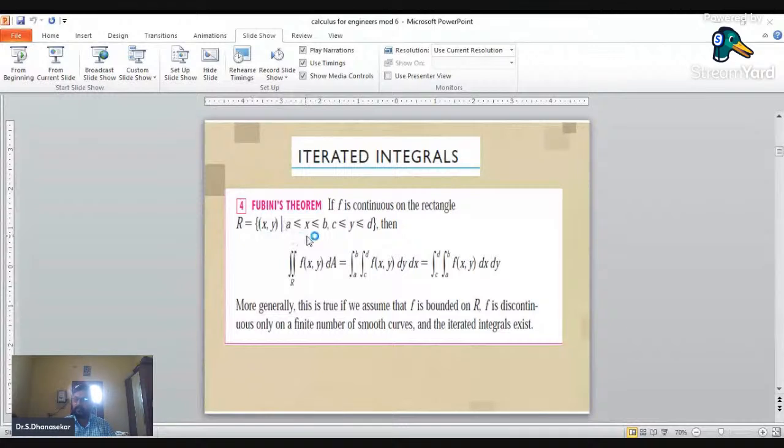So first I will integrate with respect to y and apply the limit c to d. When I'm integrating with respect to y, I have to take x as constant. That is a very important thing you have to remember. It's like partial differentiation.